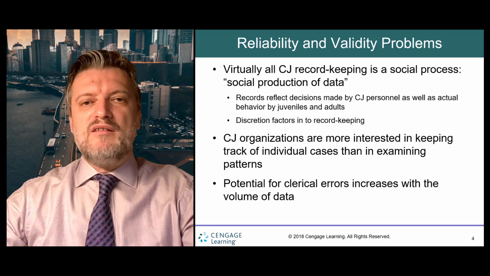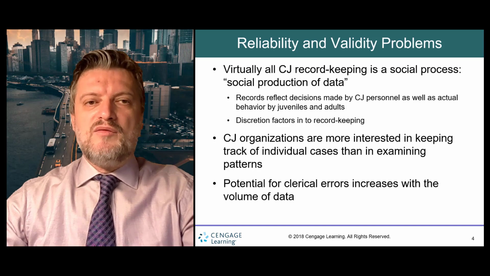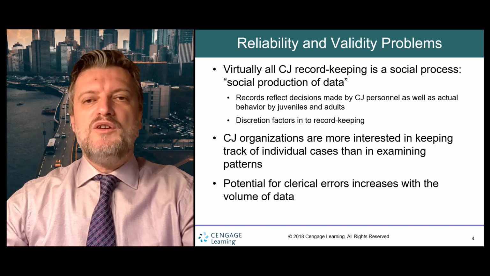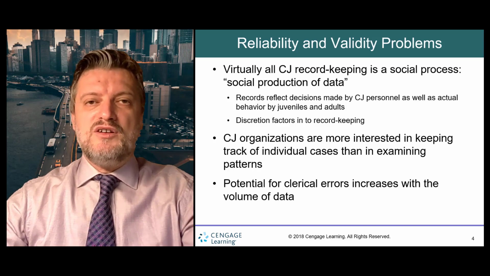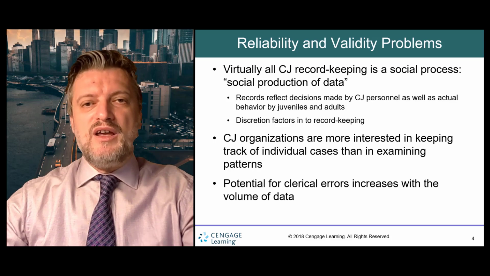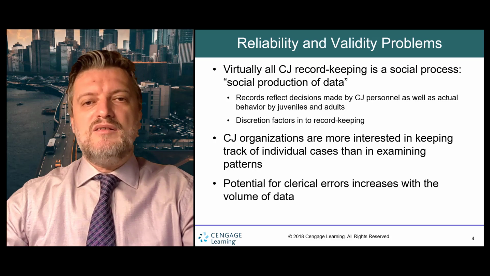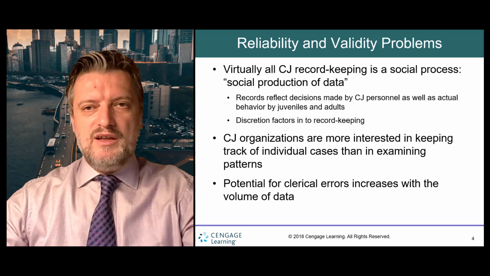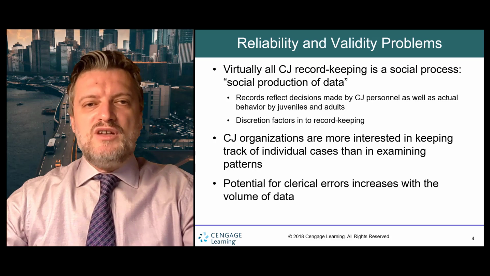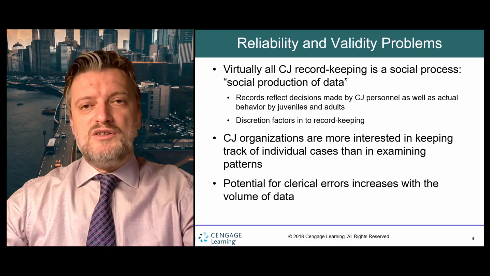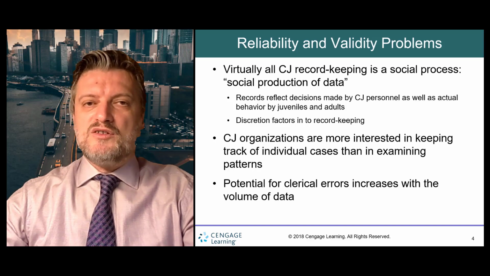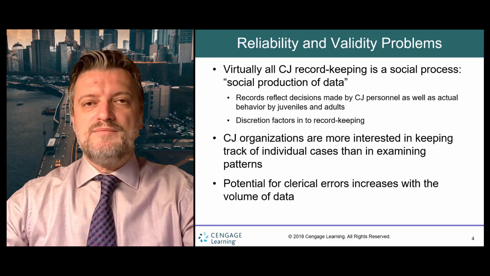Follow the paper trail and expect the expected are two general maxims for researchers to keep in mind when using agency records in their research. Following the paper trail and expect the expected both involve examining the data collected and how it was collected. Many agency data are not designed for research. They collect data because the law requires them to do so.